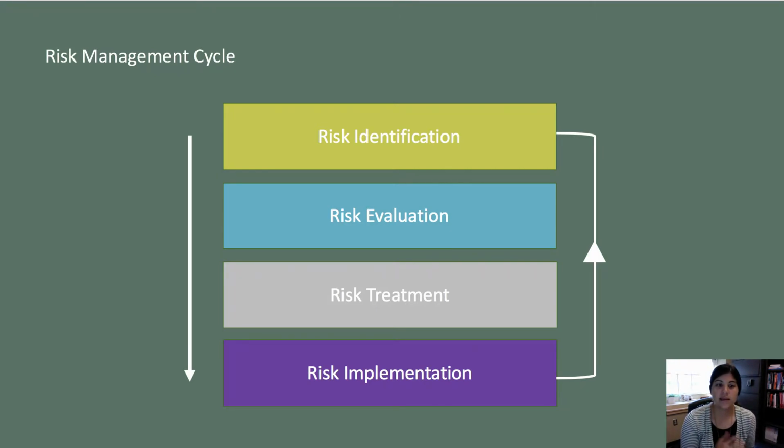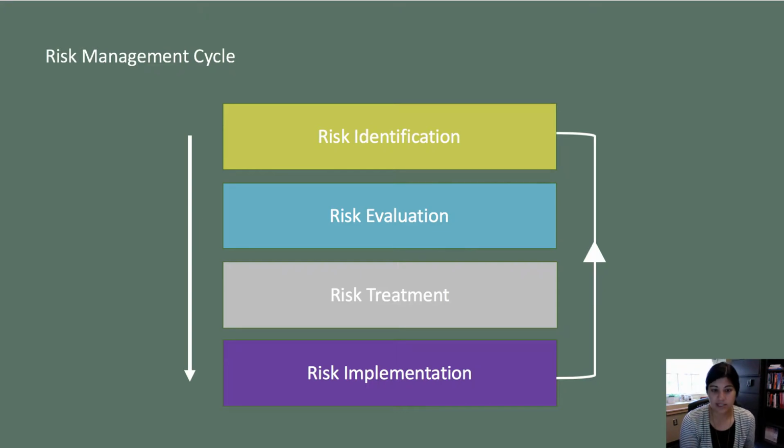But ultimately, this risk management process or cycle is something that is circular, right? You can see in the model here that all risk management starts with this process of identifying risks. From there, there's a level of evaluation that occurs of those risks, and then specific treatment methods are determined. From there, actual action is taken, right?